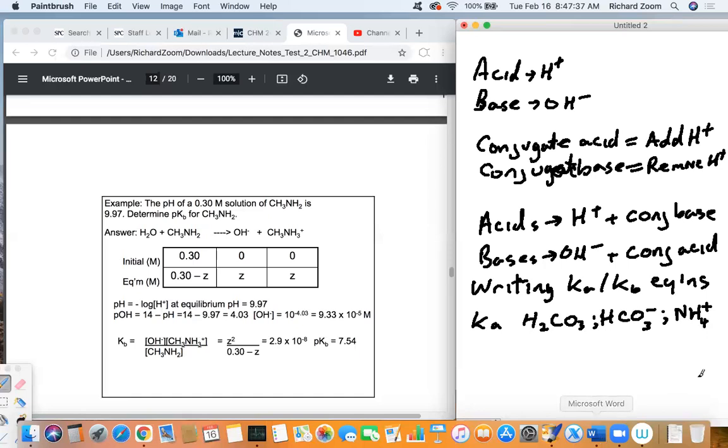Okay, so these are going to be written for Ka. You're going to get the point of what I'm going at here, right? So acids give H plus and the conjugate base. How do we get a conjugate base? We remove H plus, right? So let's go ahead and do that here for the H2CO3.